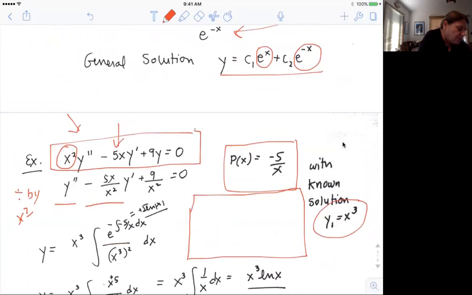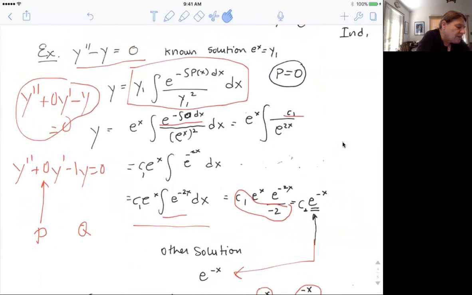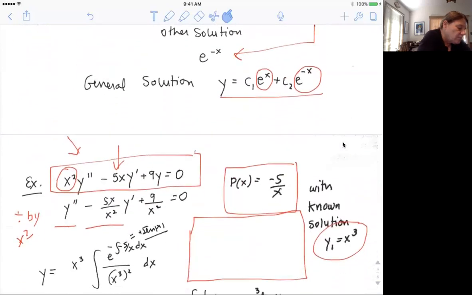The formula is back up here. It said that the function you're looking for is, just y, sorry, no one there.